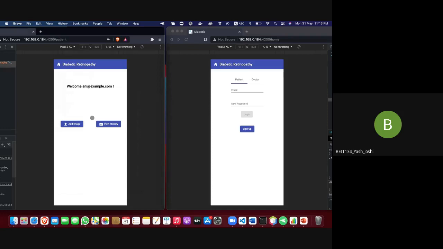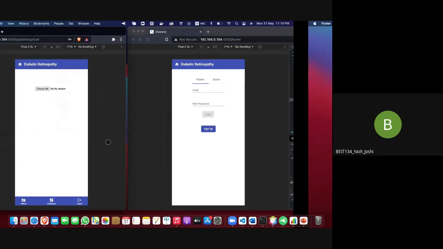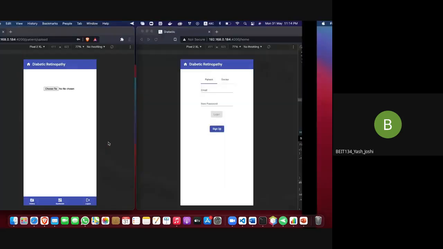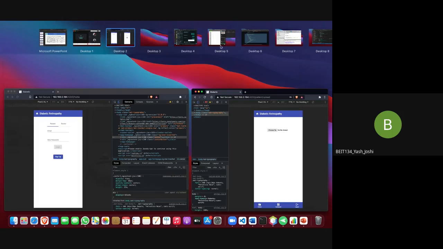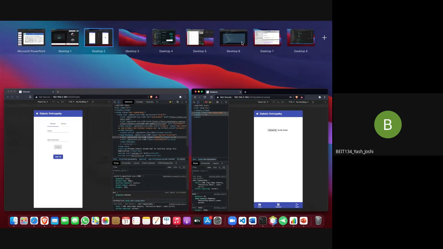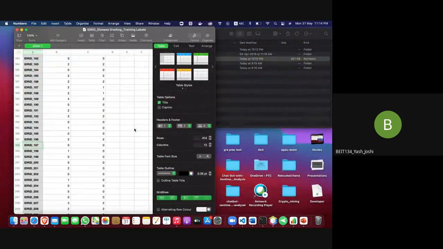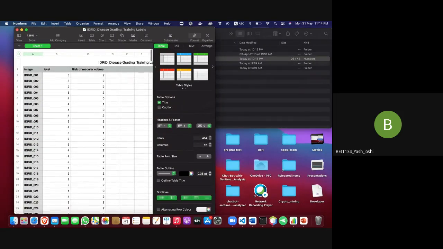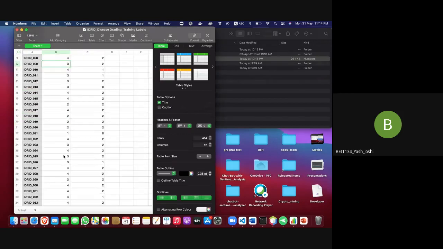In the user dashboard, the user can add an image. We used the APTOS dataset to train, but now I will be testing on the IDRiD dataset. As you can see in the CSV file, it shows the image name as well as the level of DR of that image.